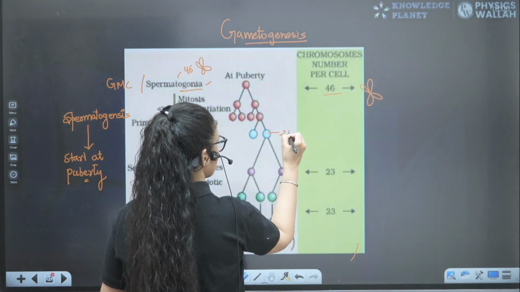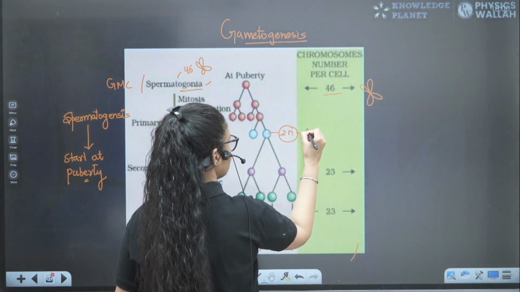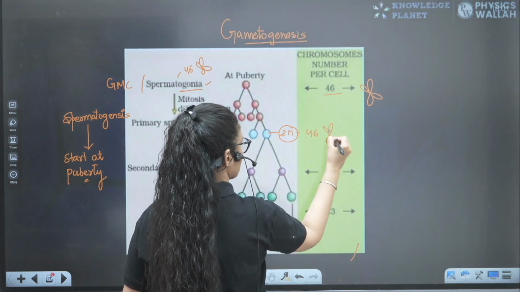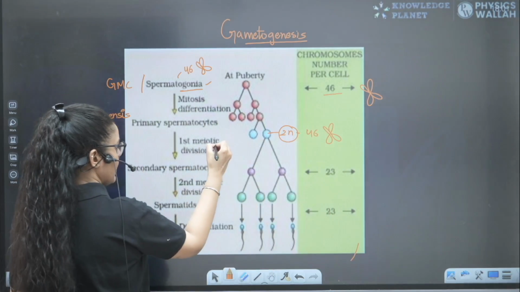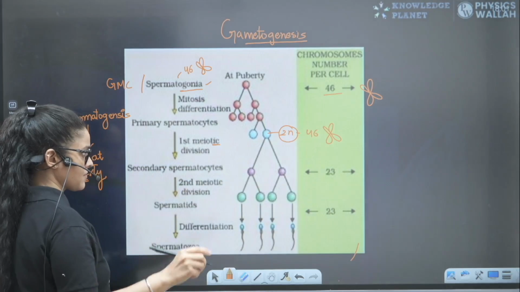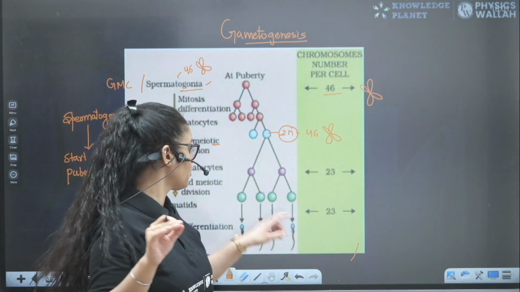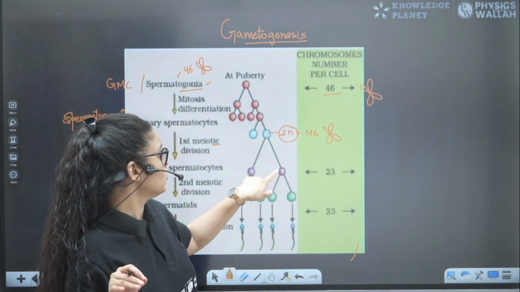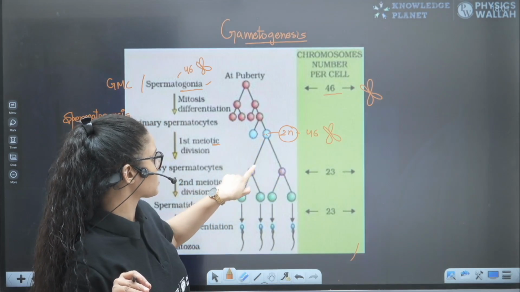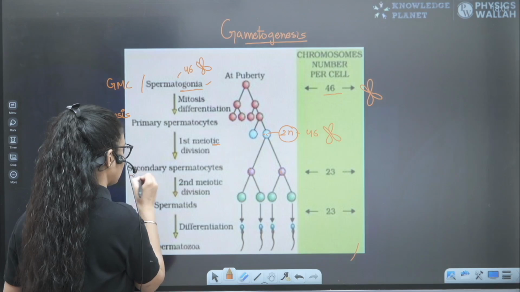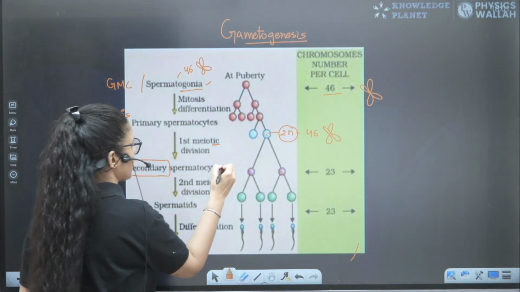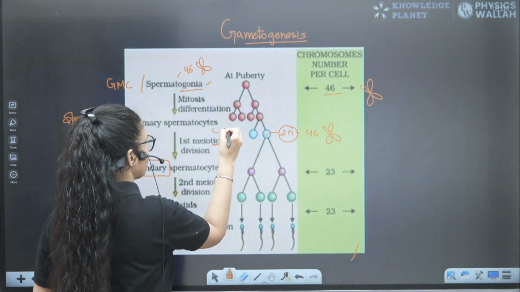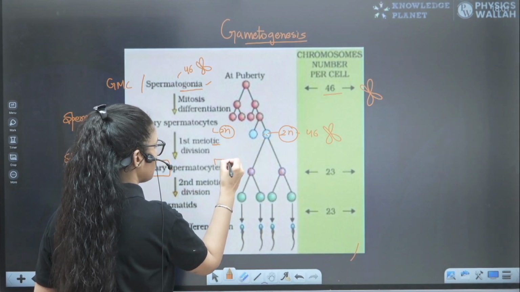And the primary spermatocyte is also diploid, meaning it has 46 such structures. Then it will undergo the first meiosis, meiosis 1. During meiosis, one primary spermatocyte forms two secondary spermatocytes. The primary spermatocyte is diploid, and it becomes haploid.